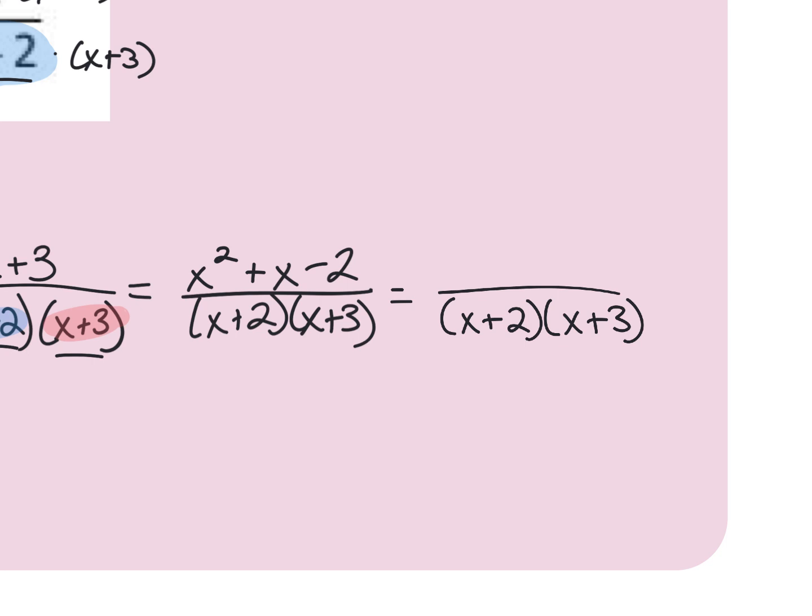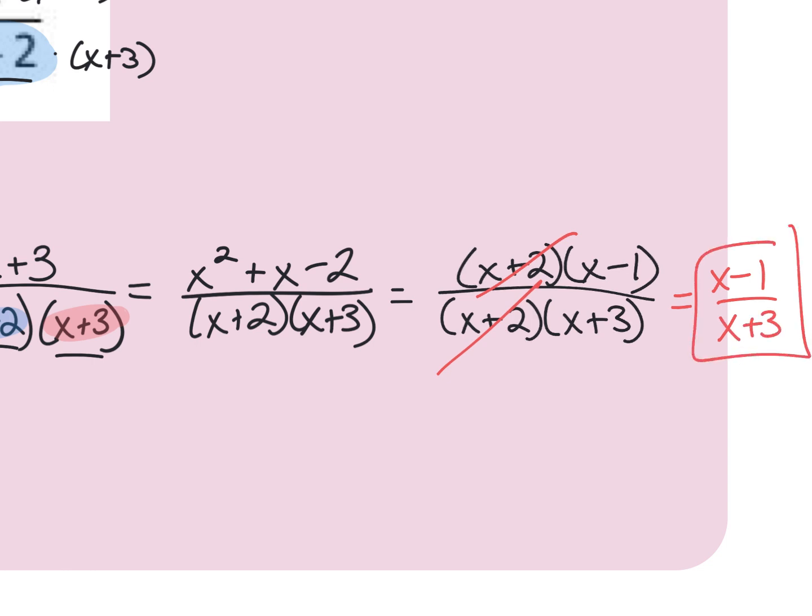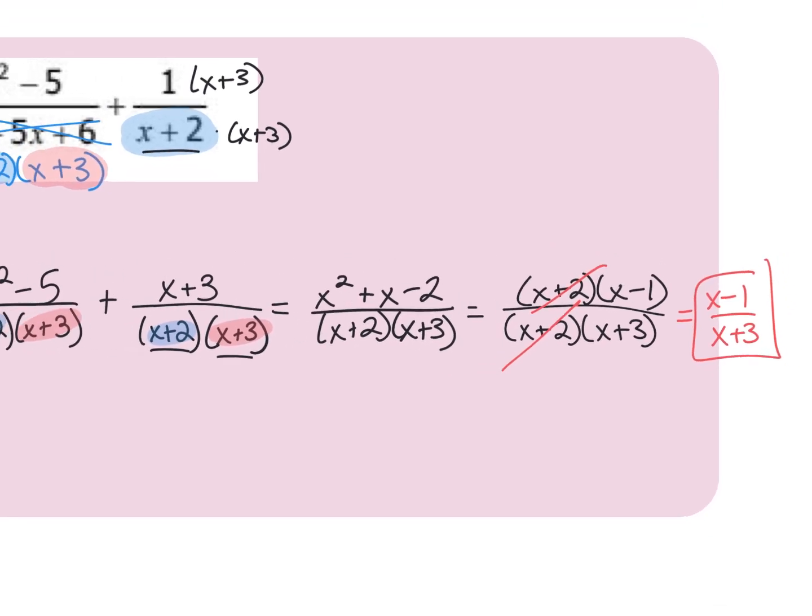Perfection. Okay, the top is not. We've got to do x method again. And when we do that, we are going to end up with x plus 2, x minus 1. Do we have anybody leaving this island? Yes, we do. And our final answer is x minus 1 over x plus 3. Okay, so take a minute, make sure you have that down.